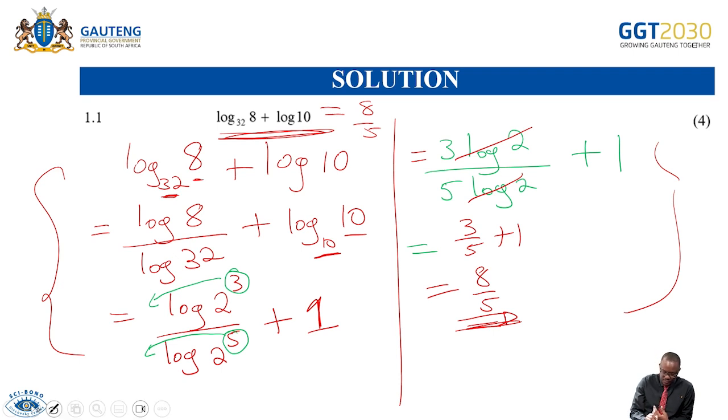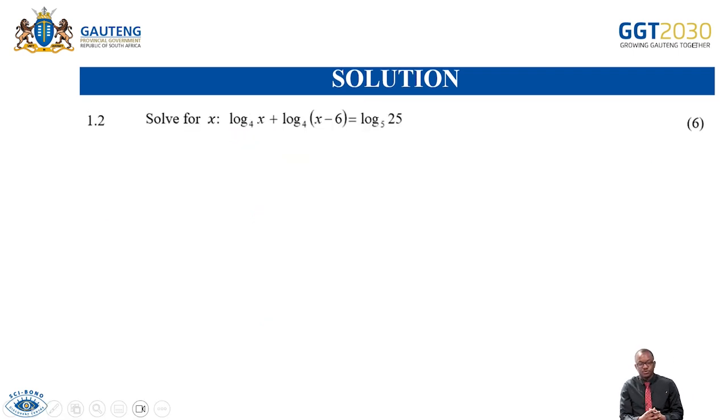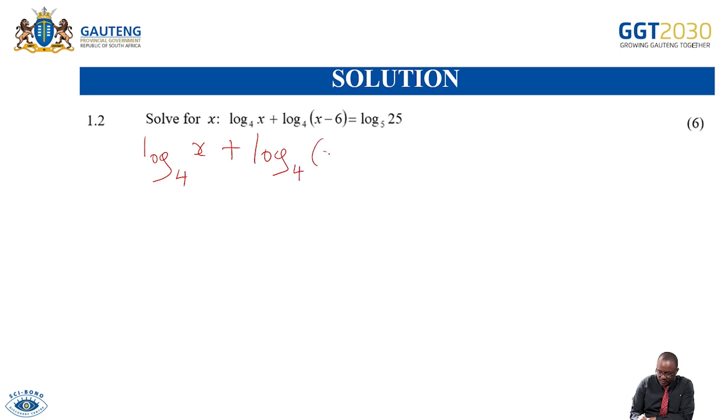Then now we move forward to this one. This is logarithms involving equations, and they carry a lot of marks. You can see 6 marks there. Then what do we do here? We say the log base 4 of x plus log base 4 of x minus 6 is equal to the log base 5 of 25.